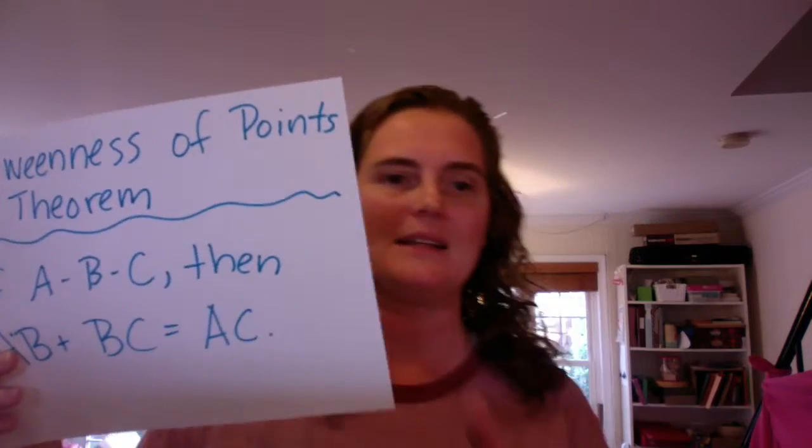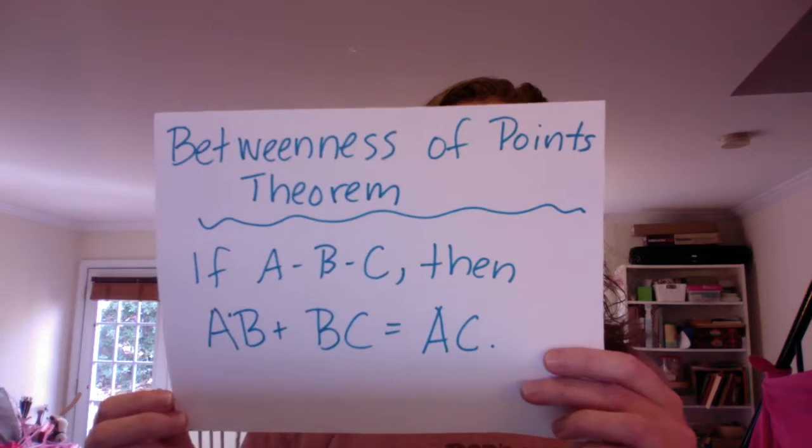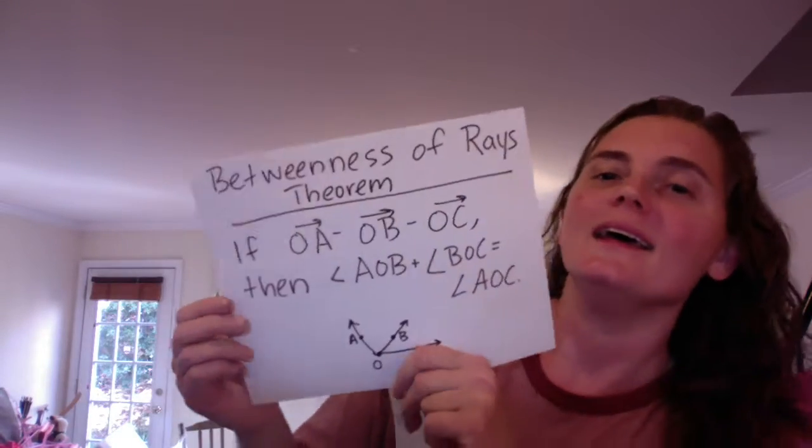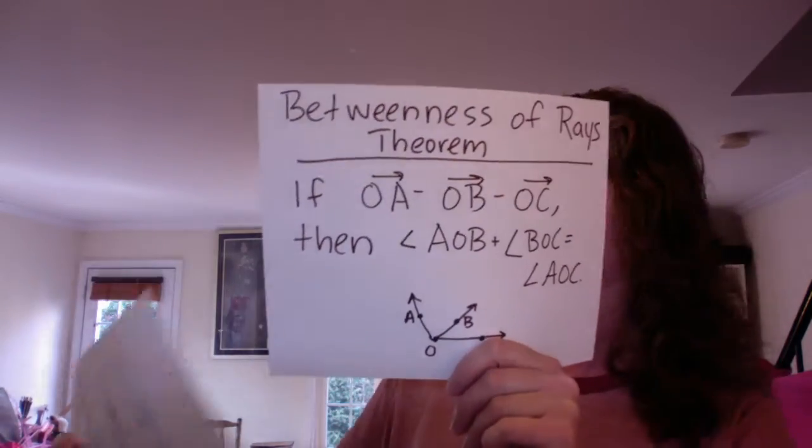The next is the betweenness of points theorem, going back in time. If A, B, C, then AB plus BC equals AC. And I think you can imagine what it's going to look like with rays. The betweenness of rays theorem is very similar.